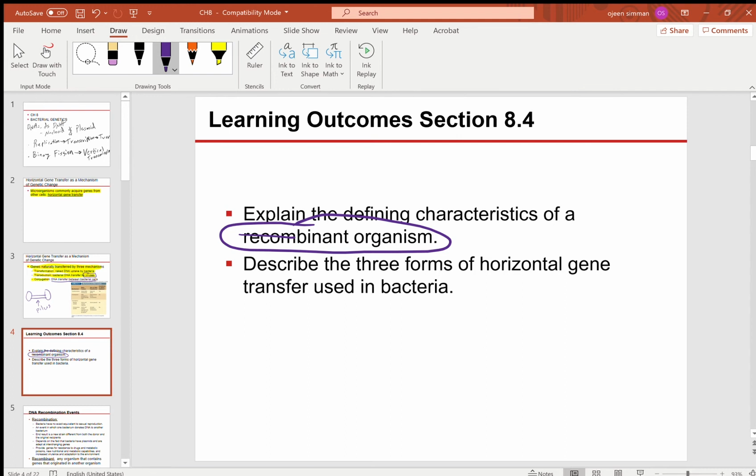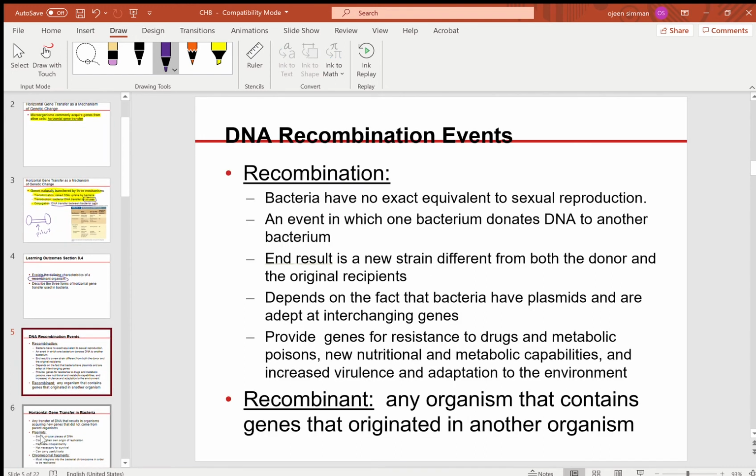This is what's called recombination, which is the recombination of the genes so that they acquire a new phenotypic characteristic or feature. Bacteria, as we know, have no exact equivalent mechanism to sexual reproduction.